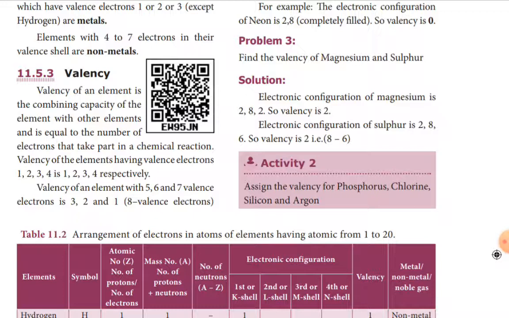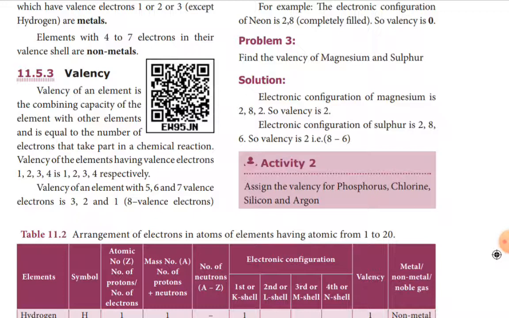Then you have to distribute these 15 electrons in the different shells. First the K shell, then L, then M. The K shell can have a maximum of 2 electrons. The next shell can have 8, so 2 plus 8 is 10, and the remaining 5 electrons go in the next shell. So K shell 2 electrons, L shell 8 electrons, M shell 5 electrons.